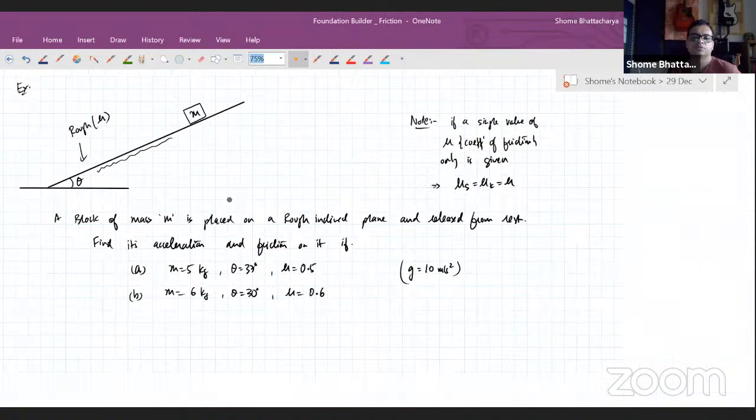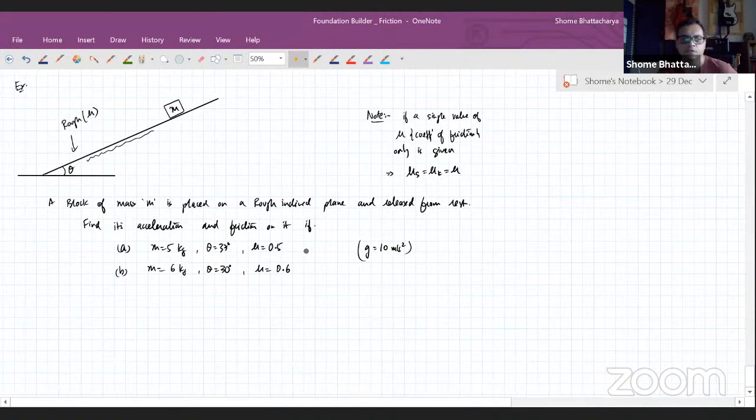So I will do the first part for you on the board, and then you can apply the similar method and check out the second part.